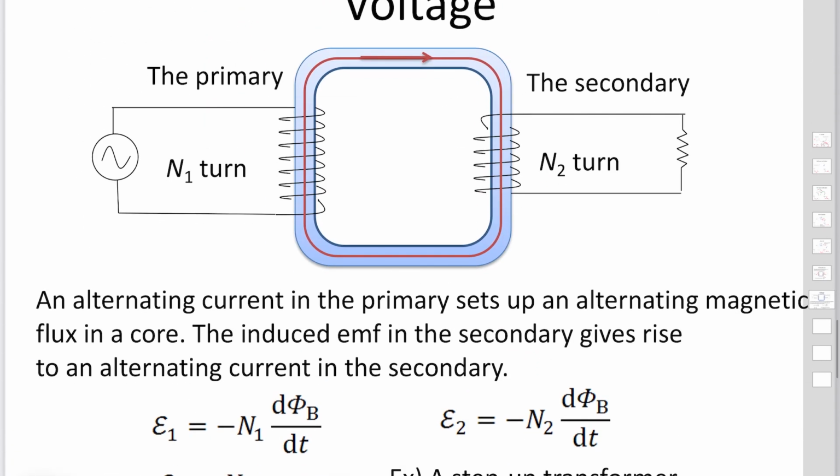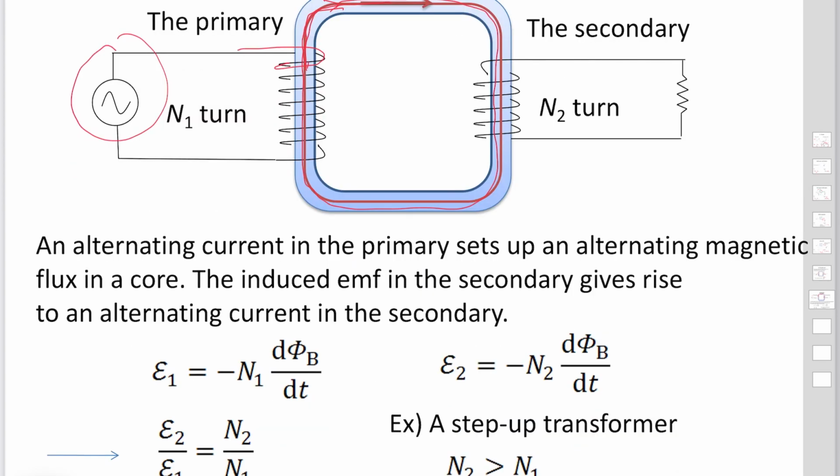So alternating current in the primary, this is the primary, sets up an alternating magnetic flux in the coils. By flowing current in the coils, a magnetic flux is produced. This magnetic flux also passes through this secondary. EMF is induced in the secondary coil.